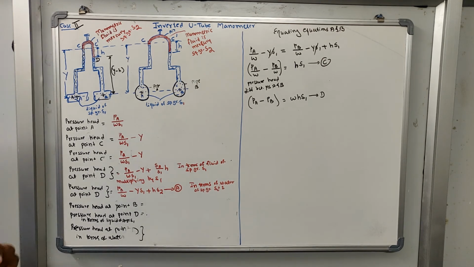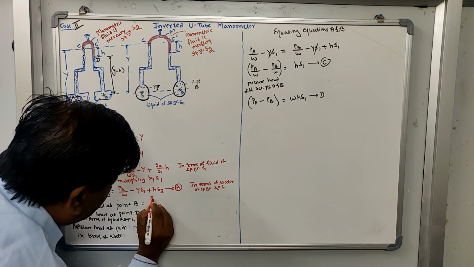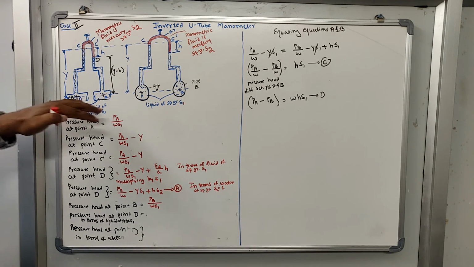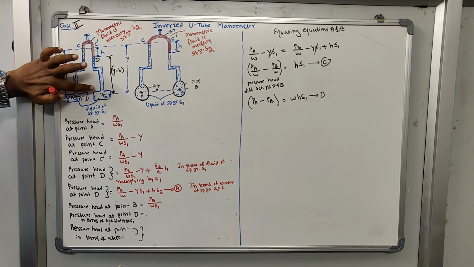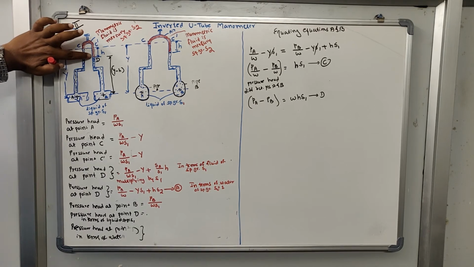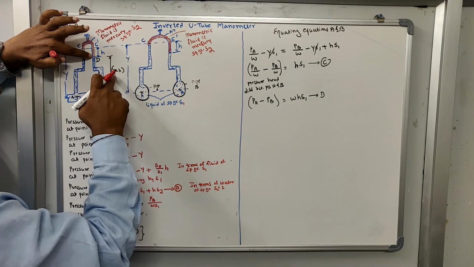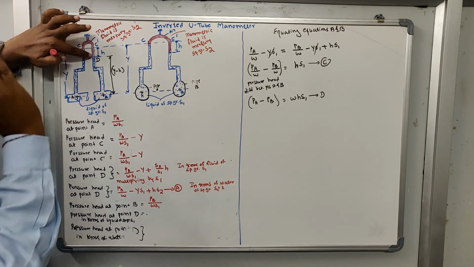Now let us start from point B. What is the pressure head at point B? It is PB by WS1, because it is a single pipe and the same fluid is flowing at both points A and B. Now, the pressure head at point D is the pressure head at point B plus this height, that is Y minus H. Since point D is lying above point B, you take a negative sign.